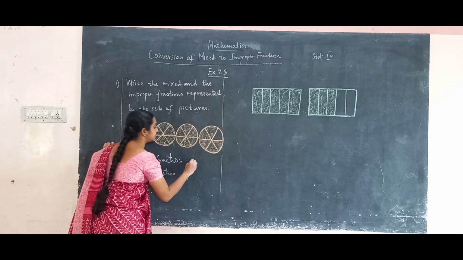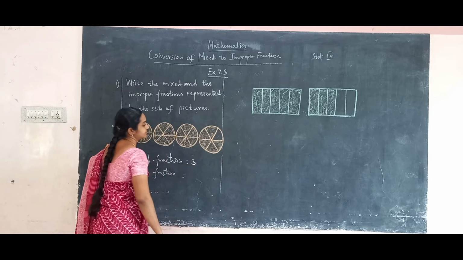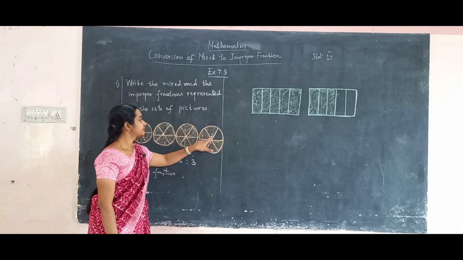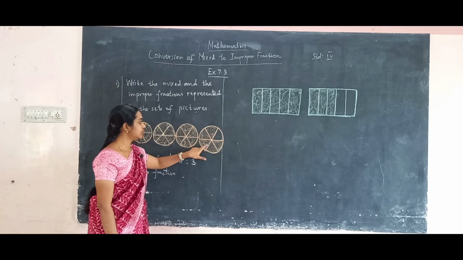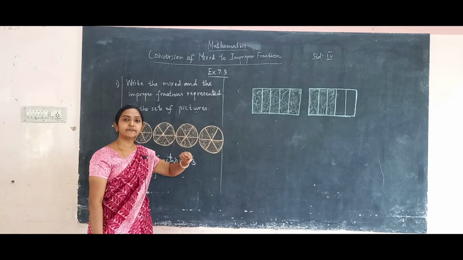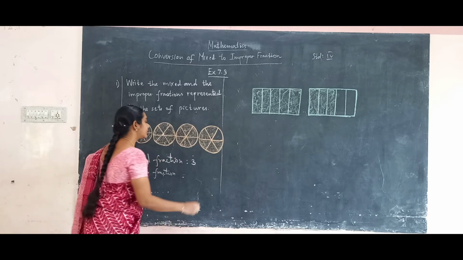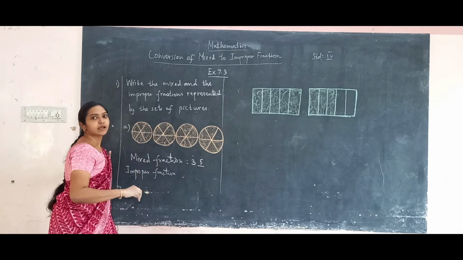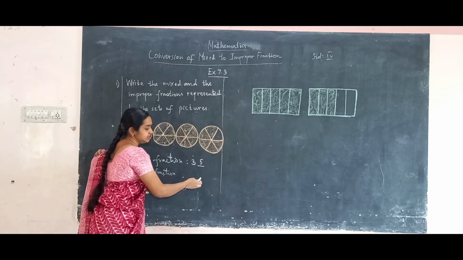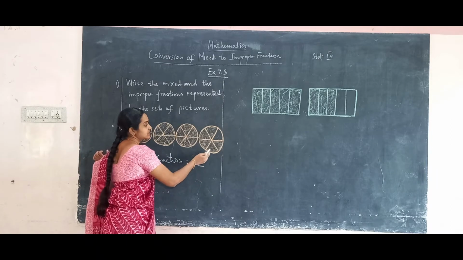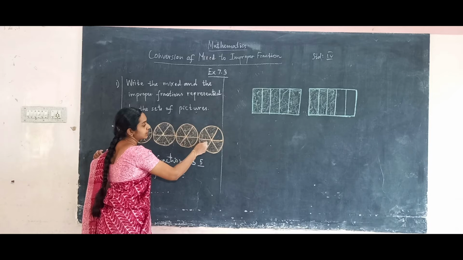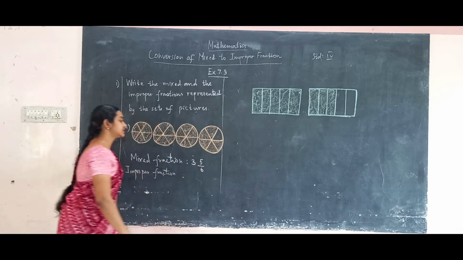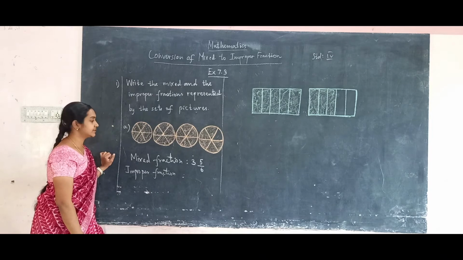So write the 3 as a whole number. Next, in this part 1, 2, 3, 4, 5. 5 parts are shaded. So write 5 in the numerator and total parts in the denominator. Total parts are 1, 2, 3, 4, 5, 6. So 6 in the denominator.